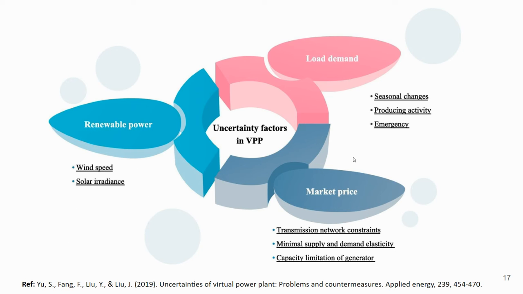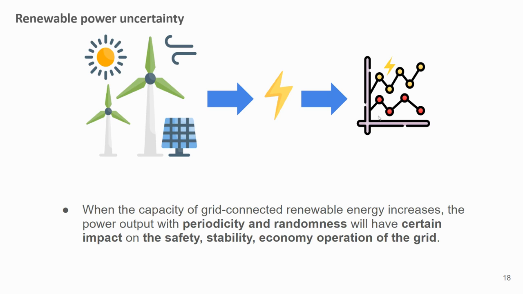The uncertainty in the market price is mainly caused by the transmission network constraints, minimal supply and demand elasticity, and capacity limitation of the generator. And the uncertainty in the load demand is caused by the seasonal changes, producing activity and emergency.